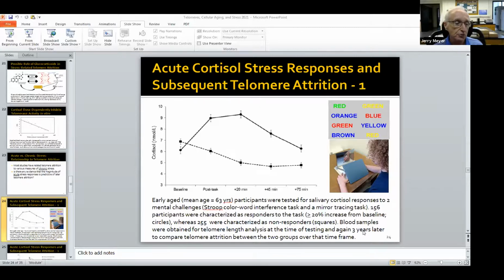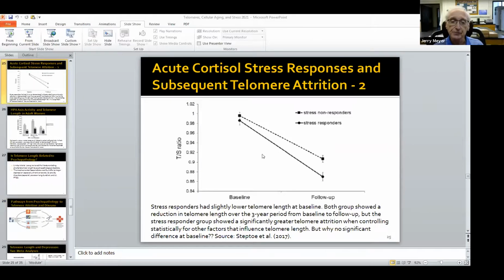They looked at this longitudinally and got telomere measurements again 3 years later to be able to compare the 2 groups. So here are the results. Here are the stress non-responders. This is the amount of shortening over 3 years. And here are the stress responders.